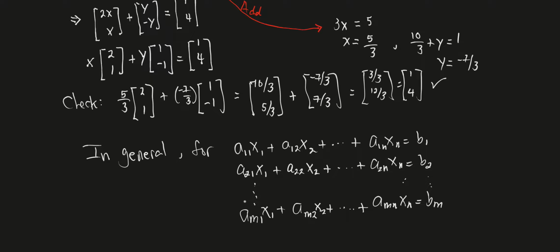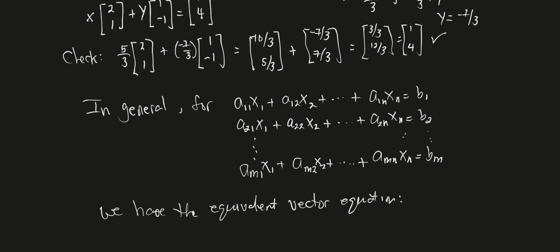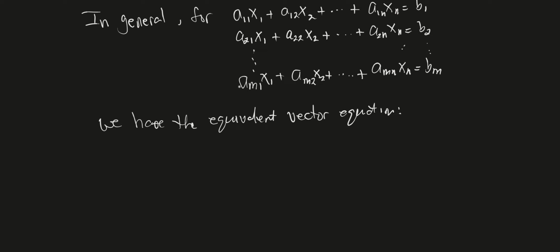So now for this particular system, we have the equivalent vector equation. Well, what does it look like? Well, we basically look at the columns now. Like the first column here, they all have an x1 in common.